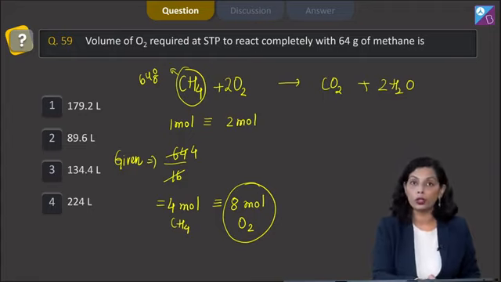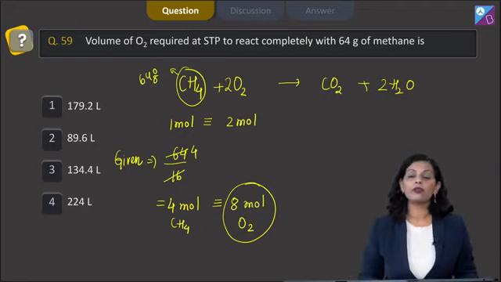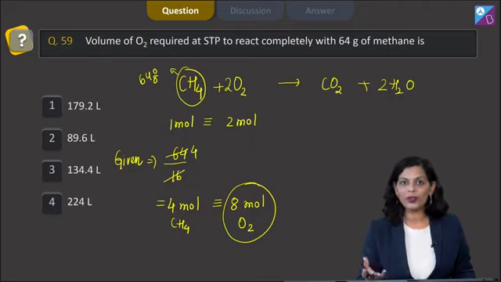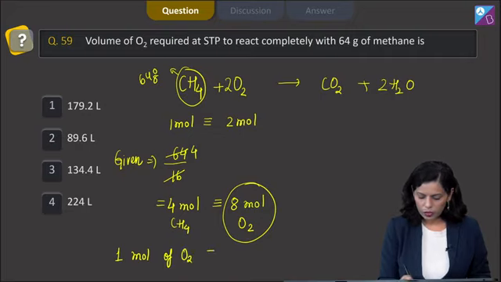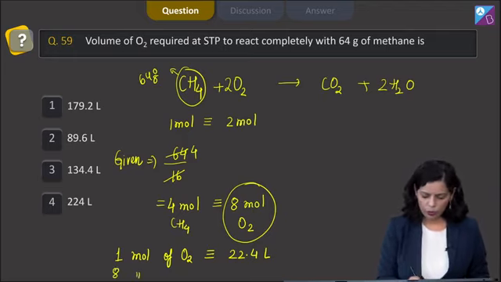Now 8 mole of oxygen is needed, but they are not asking about the moles. They are asking about the volume of oxygen at STP. So I hope you know that at STP the volume of a gas we can consider as, for 1 mole, 22.4 liter. Okay. So if it was 1 mole of oxygen, then its volume would be 22.4 liter. Now it's not so, it's 8 mole.